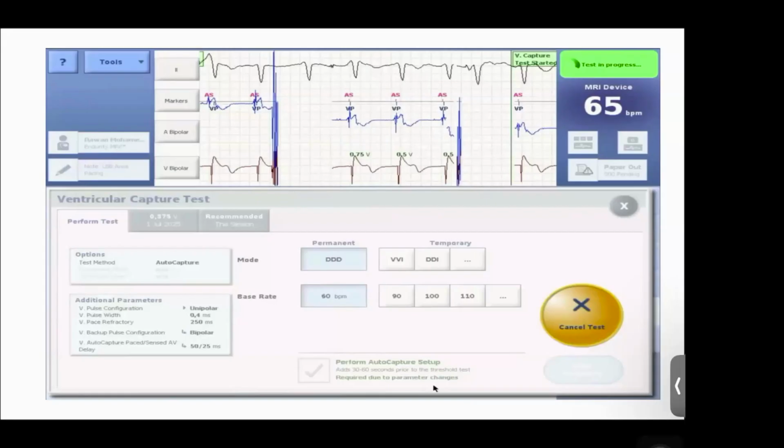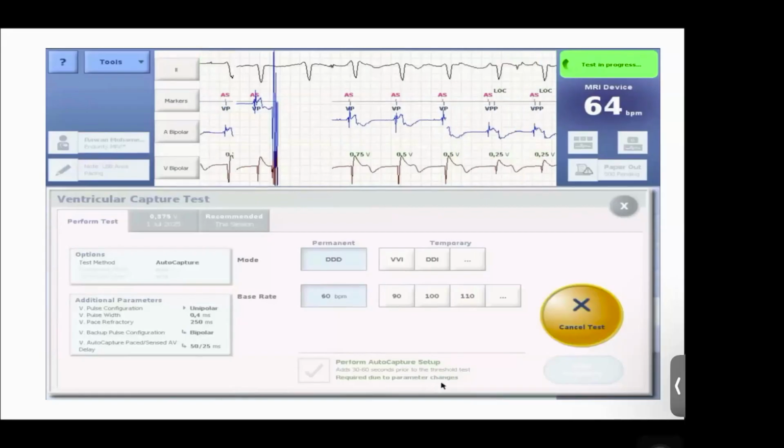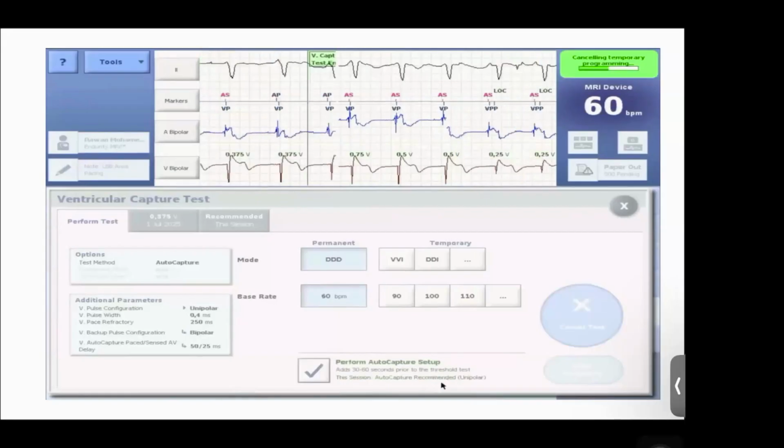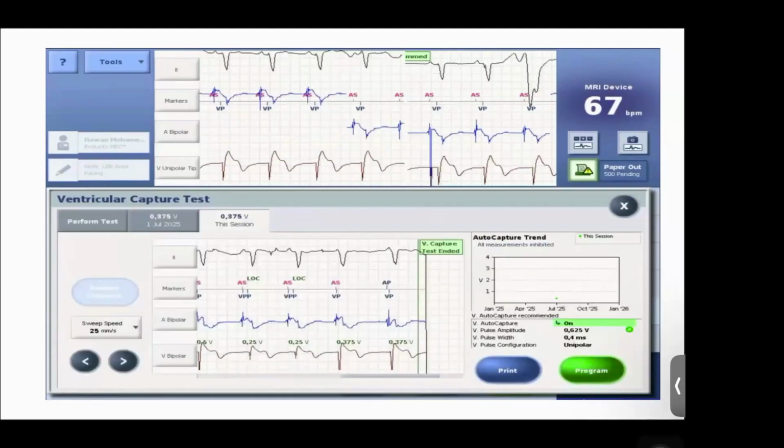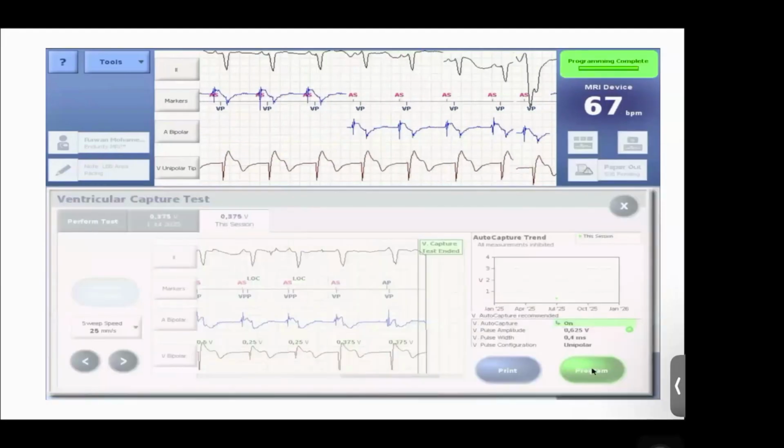And you are activating auto capture now. Programming.